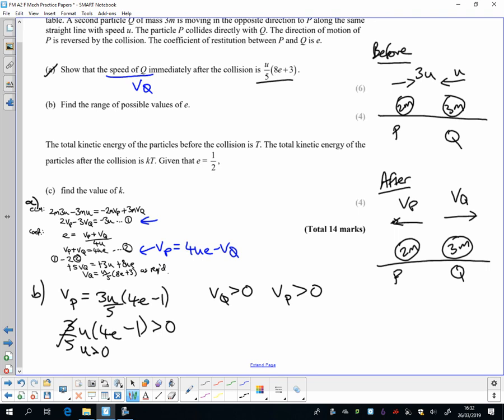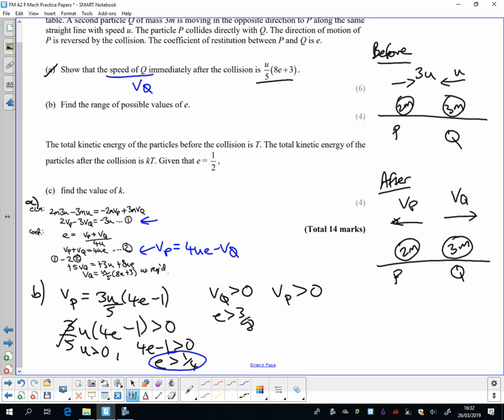It says it has speed u. So 4e subtract 1 must be greater than 0, which gives me that e must be greater than a quarter. You can do the same for the velocity of Q, and you get that e is greater than 3/8. The lowest value of those is a quarter, and e being greater than 3/8 is taken care of there.